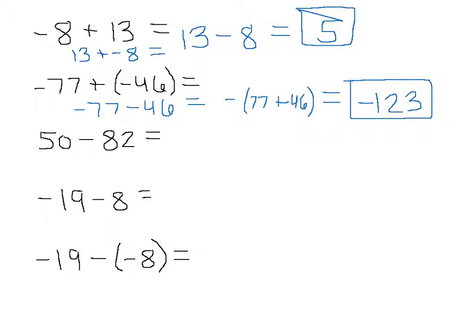It's the same thing as subtracting 82 minus 50, and that's the negative version of our answer. But we don't have to get too much into that. We can just type this into our calculator because that's nice and easy. 50 minus 82, and we get -32.